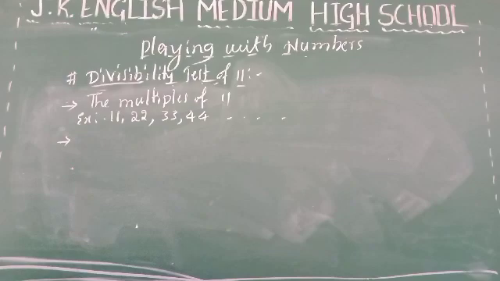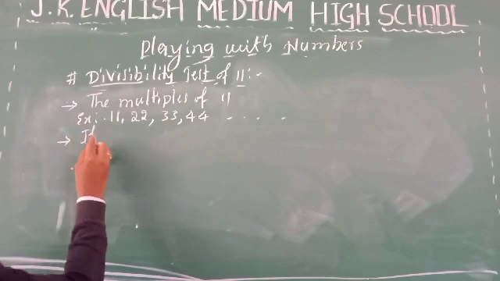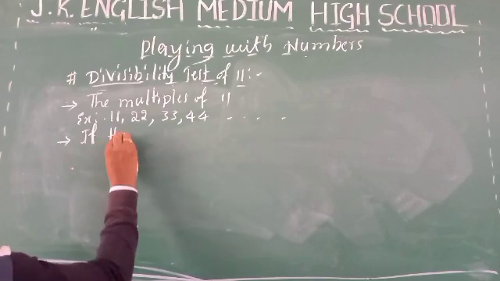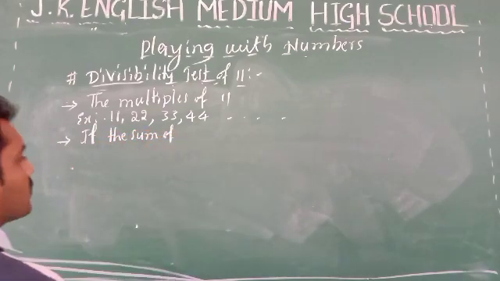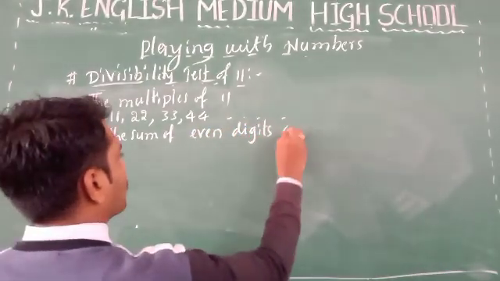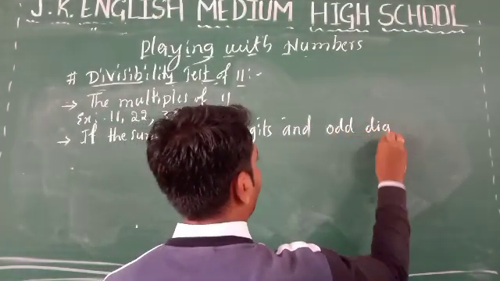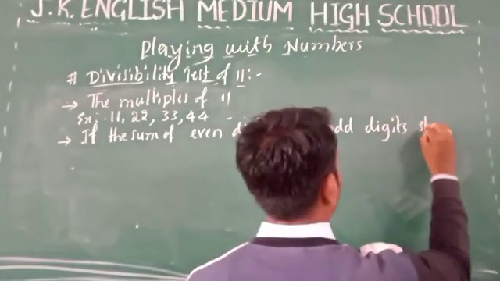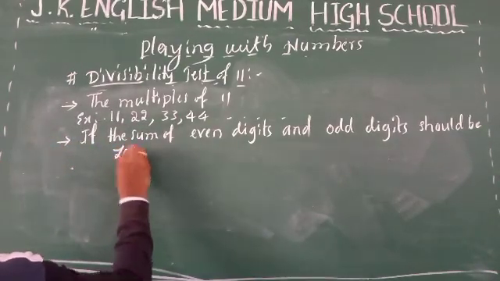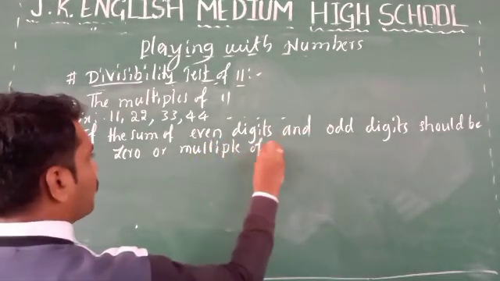Clear? Second, one formula is there. What is that formula? If the sum of even digits and odd digits should be 0 or a multiple of 11.